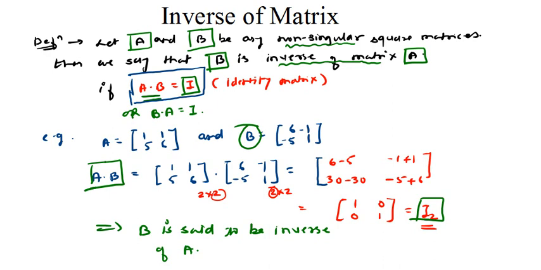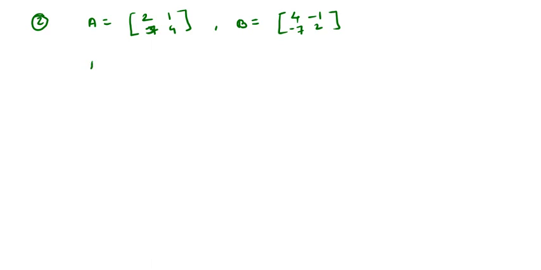Let me take another example. Suppose matrix A is 2, 7, 1, 4, and suppose matrix B is 4, minus 7, minus 1, 2. If I check again, this will be A into B: 2, 7, 1, 4 into 4, minus 7, minus 1 and 2.